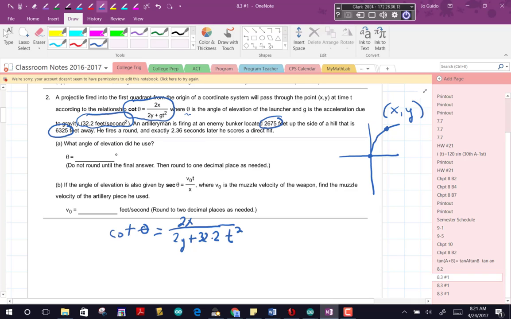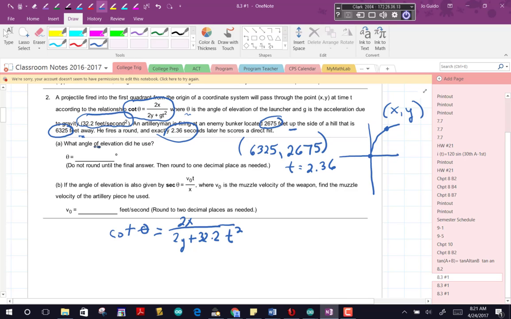It'd be the other way around, because this one is up and this one is away, so 6,325 is our x and 2,675 is our y, and he fires a round, and 2.36 seconds later, so they even give us t, he makes a direct hit.